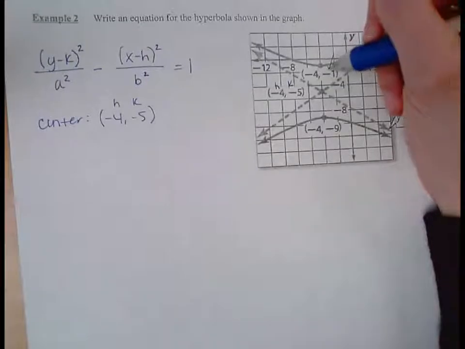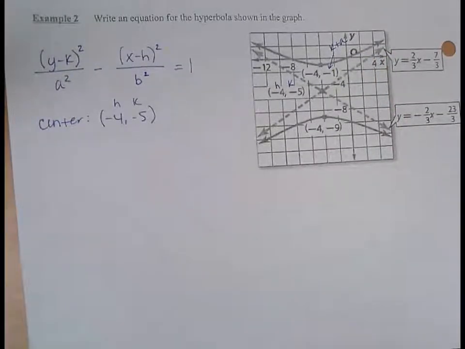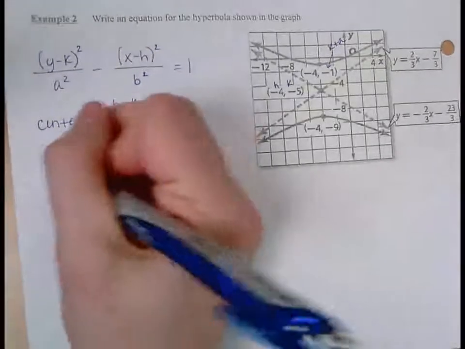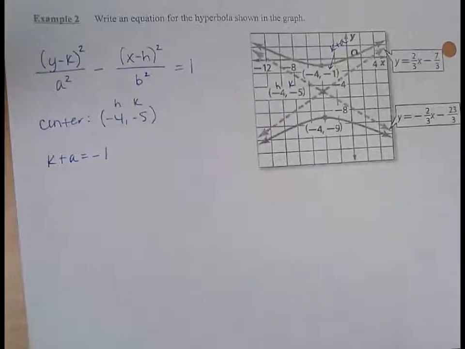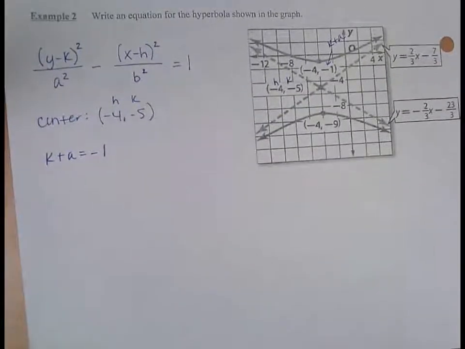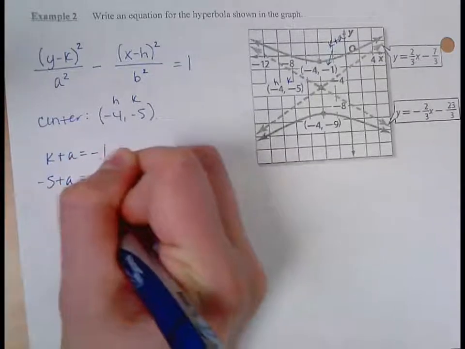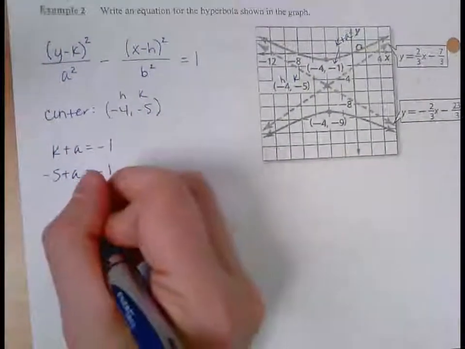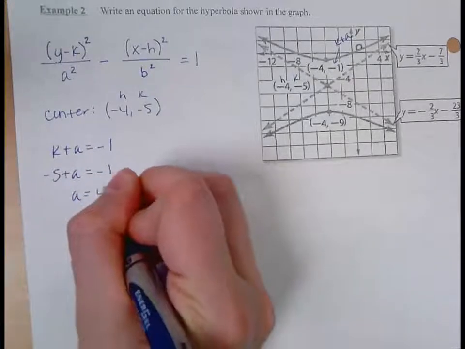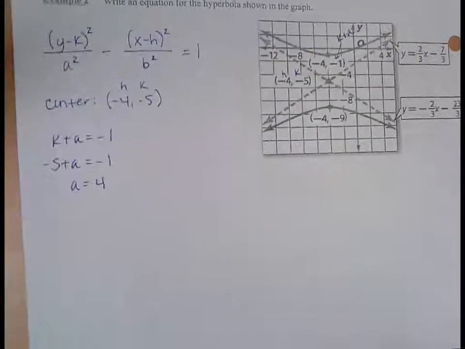I know the -1 is in place of the formula for k plus a. So I know k plus a equals -1. And I know k is -5, so -5 plus a equals -1. Add 5 to each side, meaning a is 4. So I have h, k, and I have a.